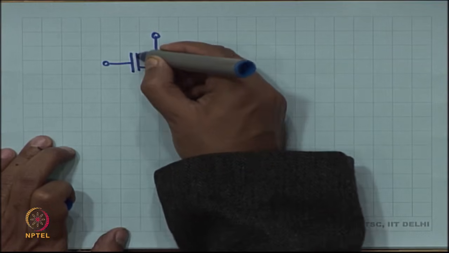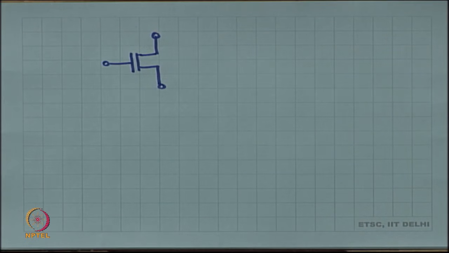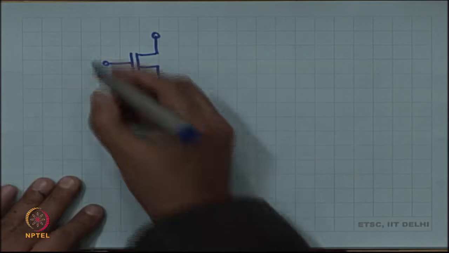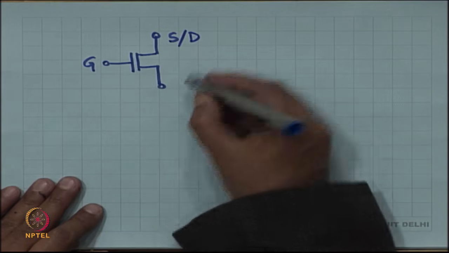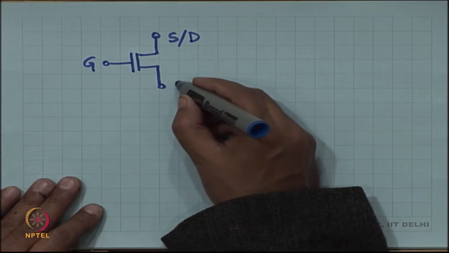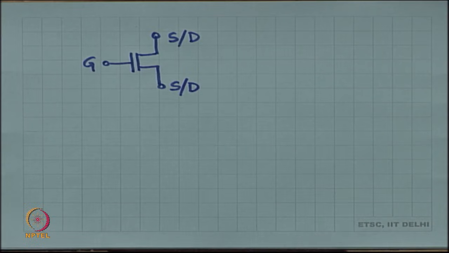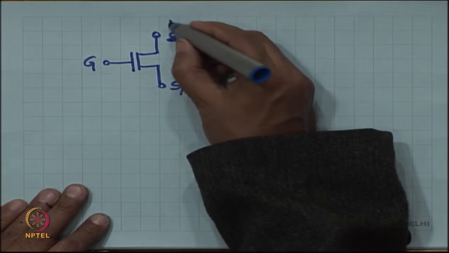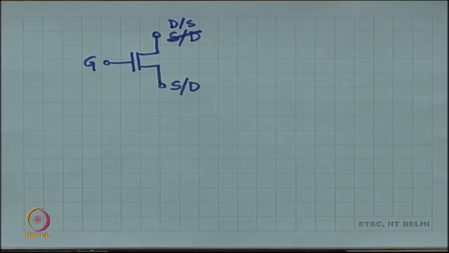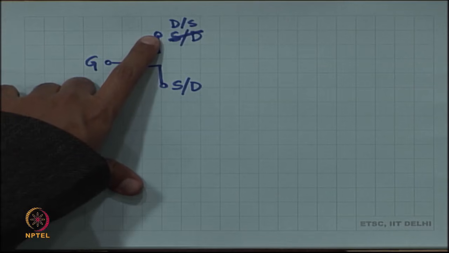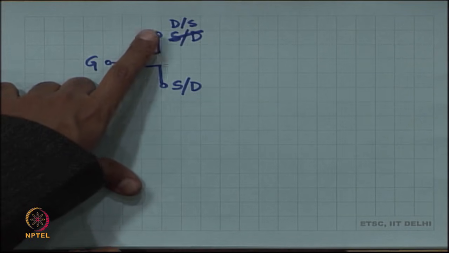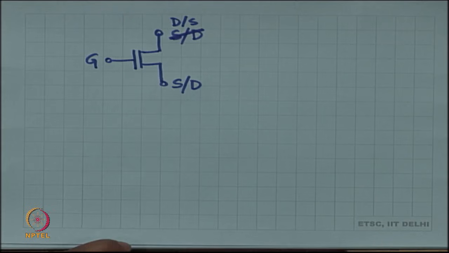One popular symbol that is used in a lot of digital circuits is just this, without the arrow. If you draw it like this, let us call it, so this terminal could either be the drain or the source, right, because there is no marker.